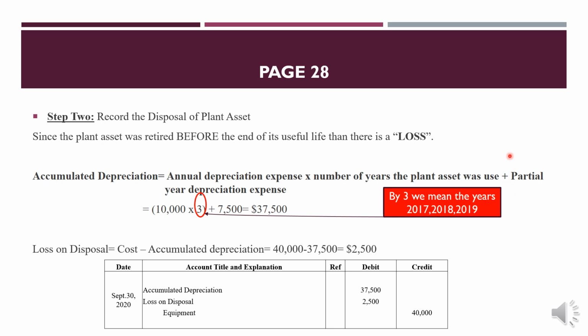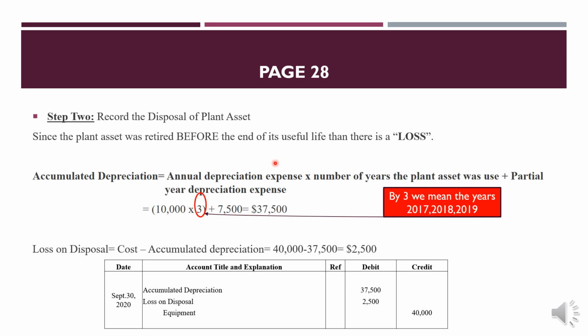And so we have 3 years that were fully used, so we have $10,000, which is the annual depreciation expense, times 3 full years, plus the last year, which is a partial year, which we only used for $7,500.